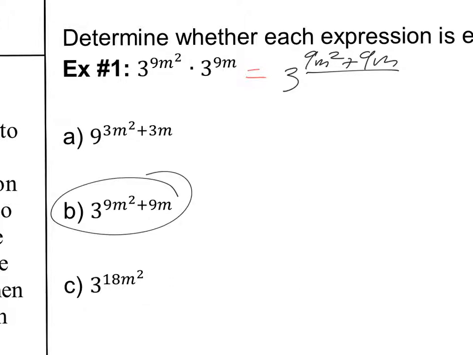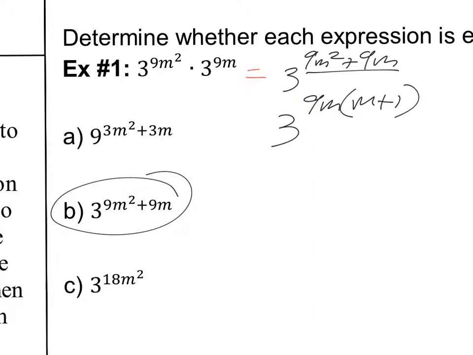A lot of these problems, though, have more than one correct answer. So I'm going to play around with this a little bit. One of the things I can do here is factor in the exponent. I could factor out a 9, and I could factor out an m. So I could think of this as 3 to the 9m times m plus 1. And we said earlier that if you're multiplying, then you could put it inside parentheses.